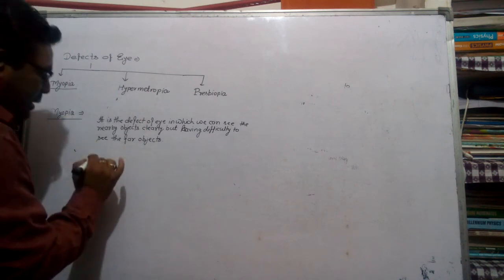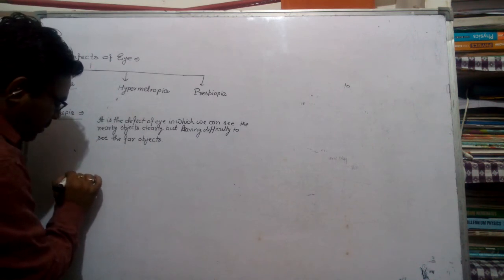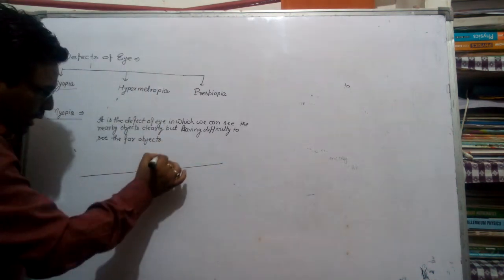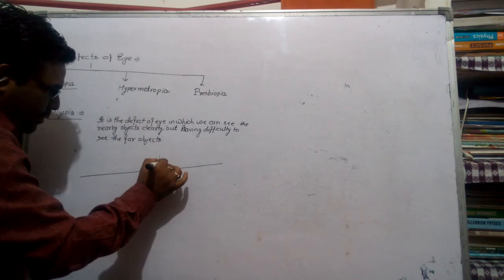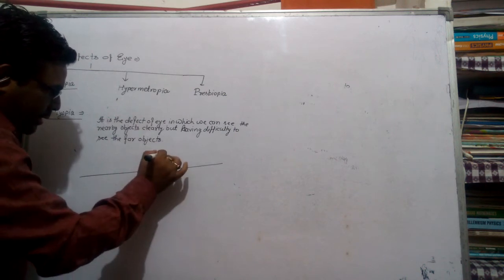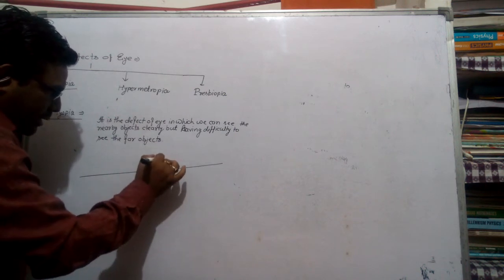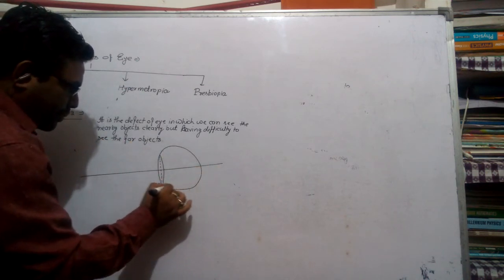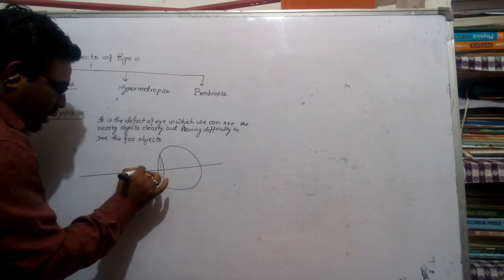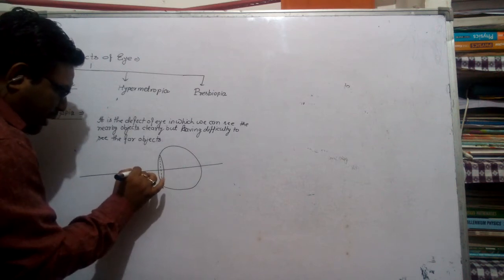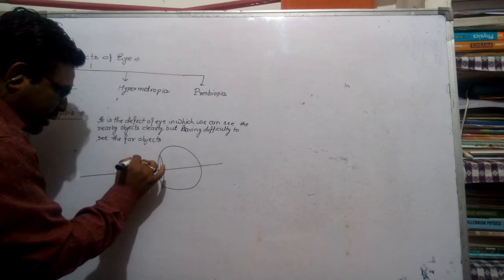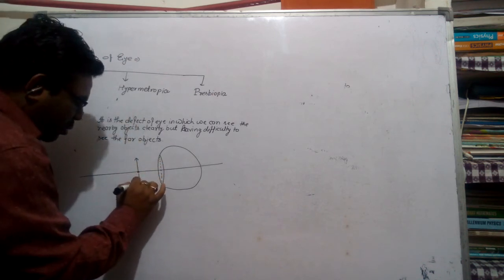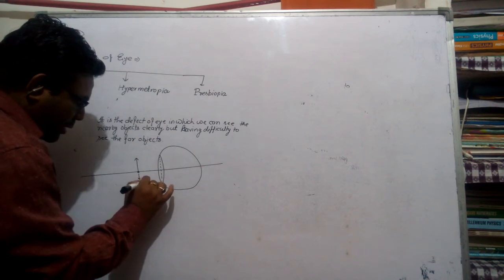It means, look at this, beta, by drawing the diagram. This is the principal axis. This one is your convex lens. Here is the retina. When the object is placed at this point, beta, look at this point, this point is known as least point.